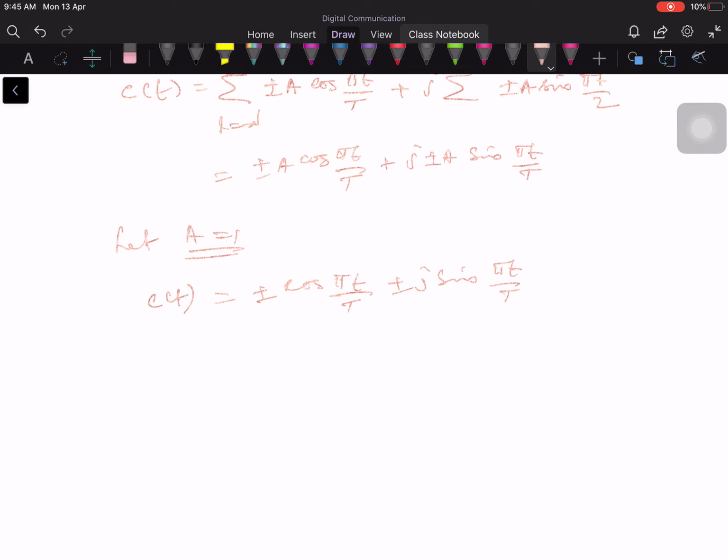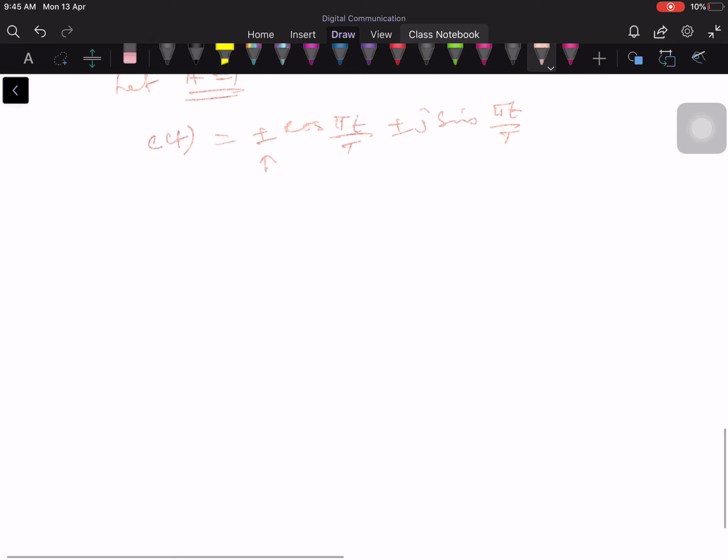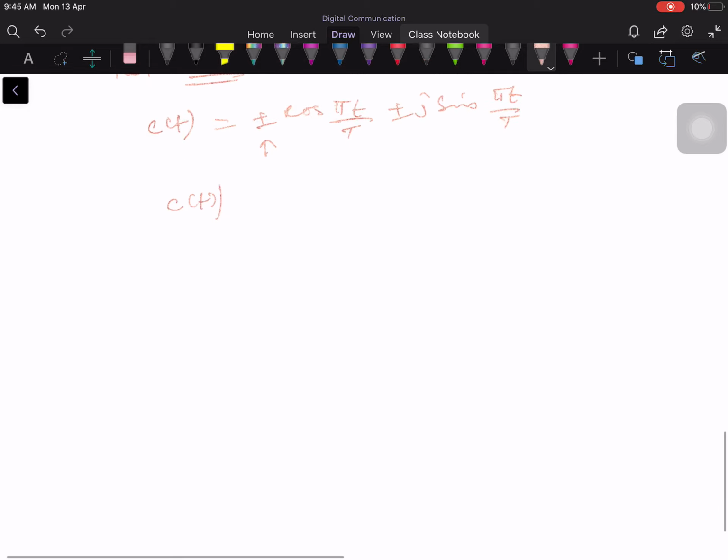It is quite obvious that no matter what the signs might be, as far as the magnitude of c(t) is concerned, it is obviously going to be equal to 1. So if you take the magnitude of this, then it is equal to the square root of cos squared(pi t by T) plus sin squared(pi t by T), which is equal to 1.